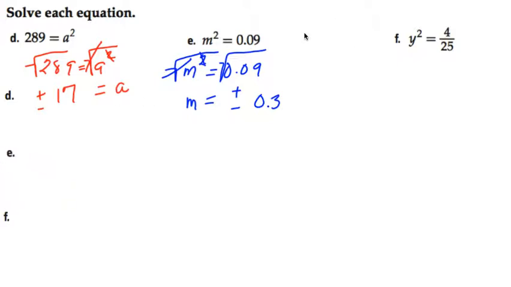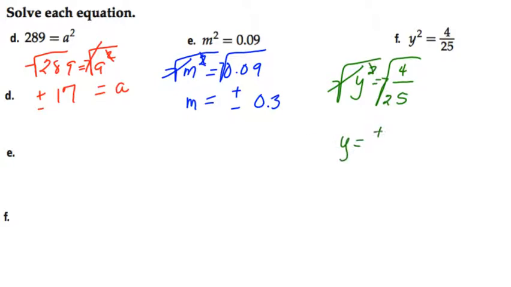And the last problem, letter F. Let's do that one in green. All right, so we have y squared is equal to 4 over 25. So remember, we're going to take the square root of both sides to get rid of the squared. And when we have a fraction, we're just going to divide that up. So first of all, we're going to cancel out the inverse operations, and we're going to get y is equal to plus and minus.